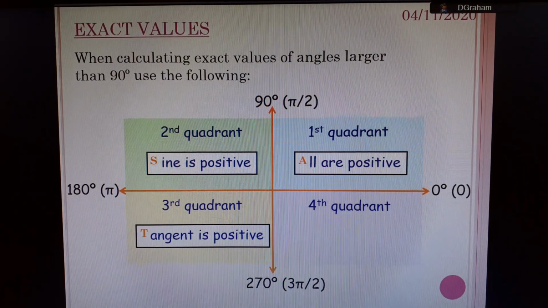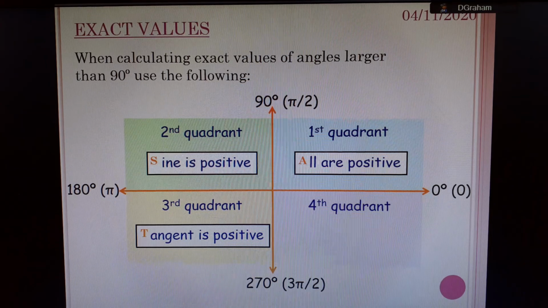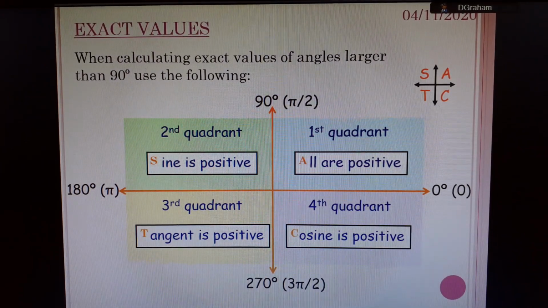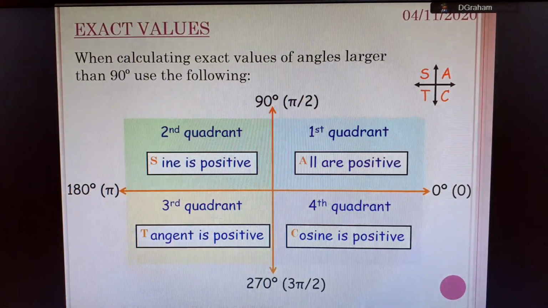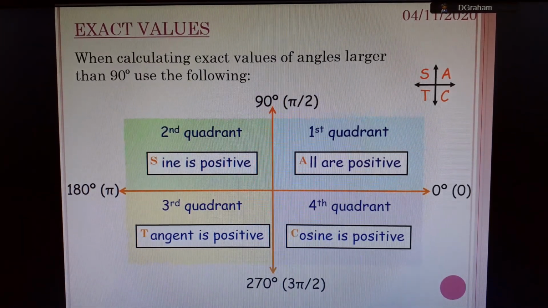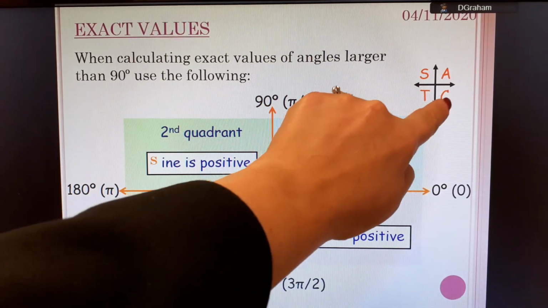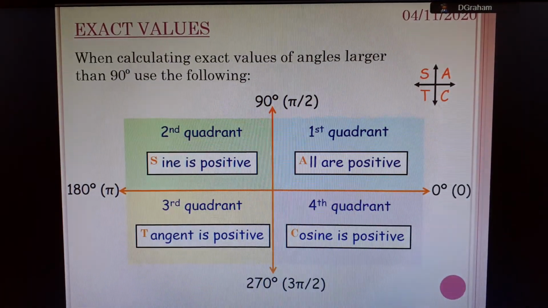It's only the tan graph that's positive between 180 and 270, and it's only the cos graph that's positive between 270 and 360. And we remember that little table, we use that little table with all sine, tan, cos. Some people call it the CAST diagram because round that way it spells out the word CAST.